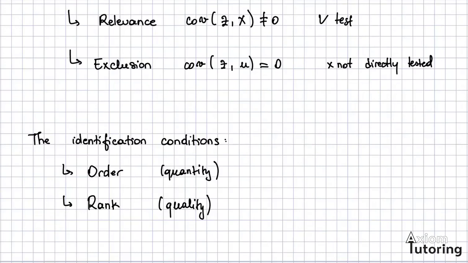So order checks whether you have enough instruments, rank checks whether they are doing independent work, and both must hold. So separately, they are both necessary, but also not sufficient. Together, they both must hold for you to be able to work with 2SLS.